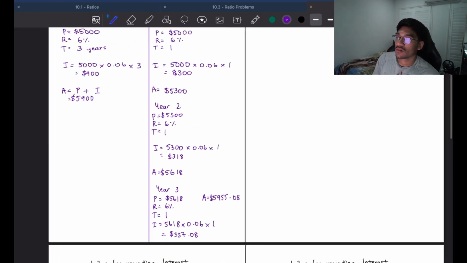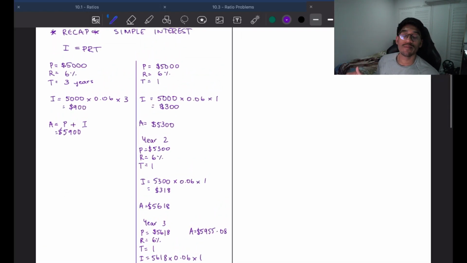So in my simple interest, where I kept it in the same bank and it just made interest on the principal, if I kept it in for 3 years, you'll see that I would have $5,900. But in this situation, I've kept it in for 1 year, withdrawn the entire amount, and put it in a different bank for year two.